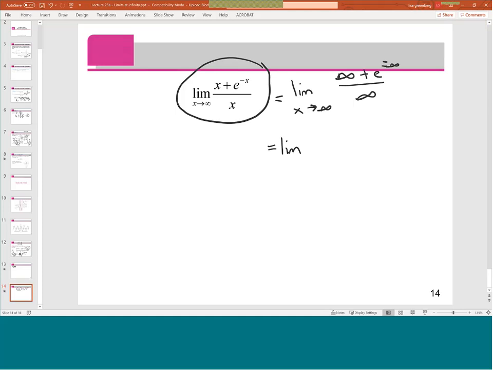Okay, so here's what I would recommend. Because infinity over infinity is not really something you can use, there are different kinds of infinity, believe it or not. And so if you say infinity over infinity, it's not necessarily 1, okay?